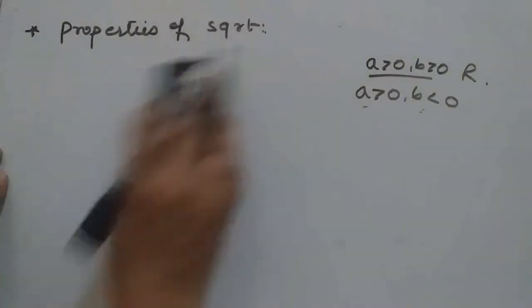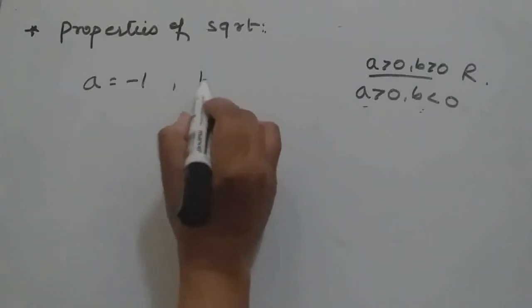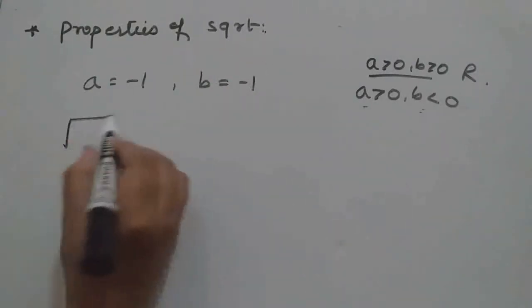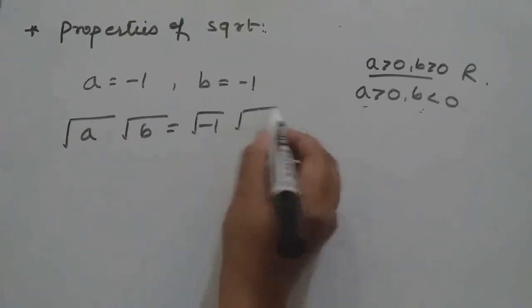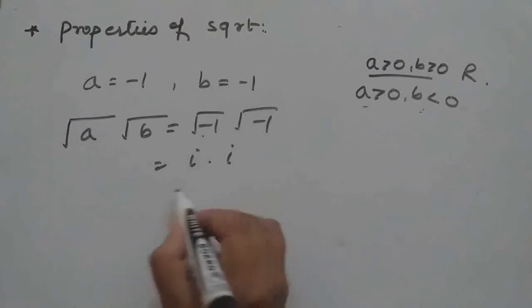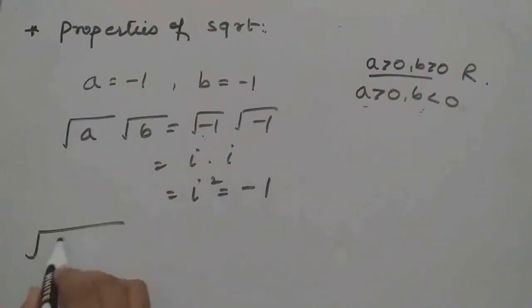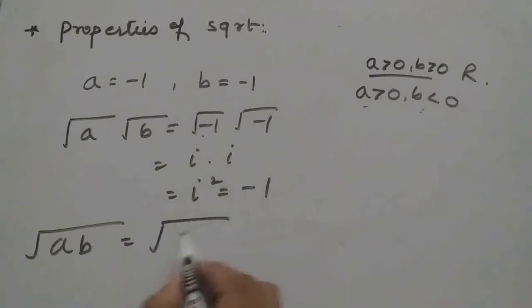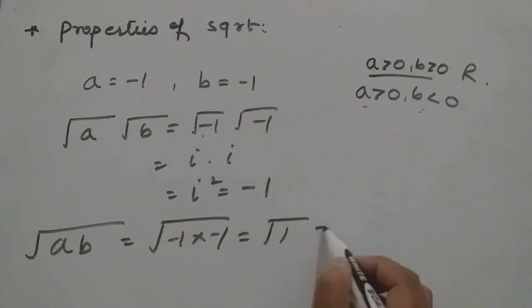But for the case when both are negative, suppose a is minus 1, b is minus 1, so root a into root b means root minus 1 into root minus 1. So this we know is i, this is also i. So i square is minus 1. Now consider ab, means minus 1 into minus 1, which is 1, root of which is 1.